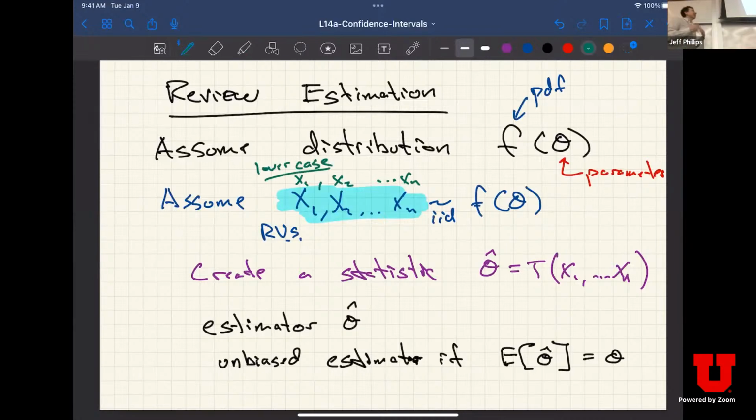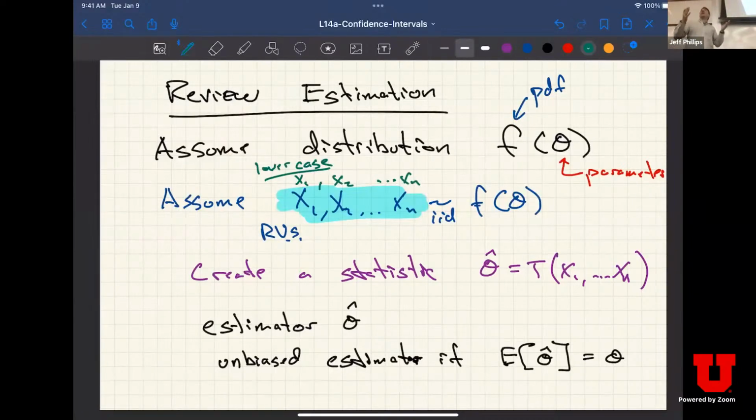That means when I use lowercase variables, those are realizations. That would be the actual data that we played with in R, and we plotted. We can compute that estimator by putting those actual data points through the function. It could be just taking an average of those values, and that's going to give us a single value that we're trying to use to estimate the true value of the parameter, but we can't say anything about that value.